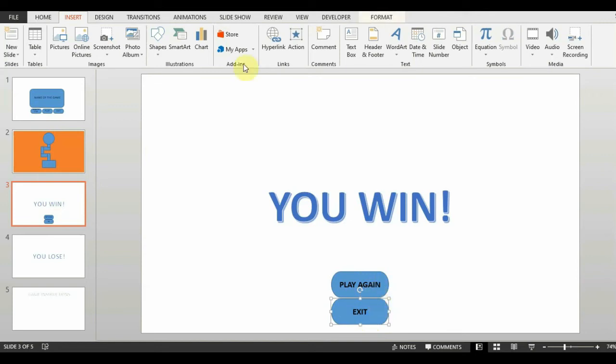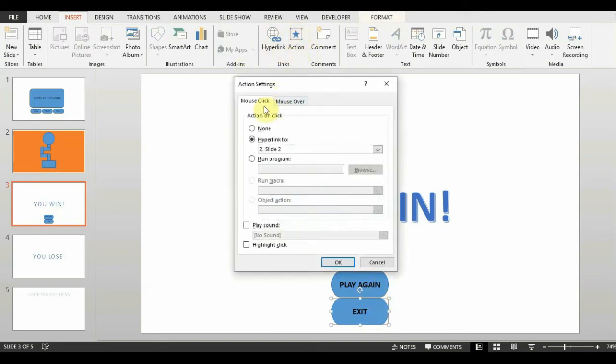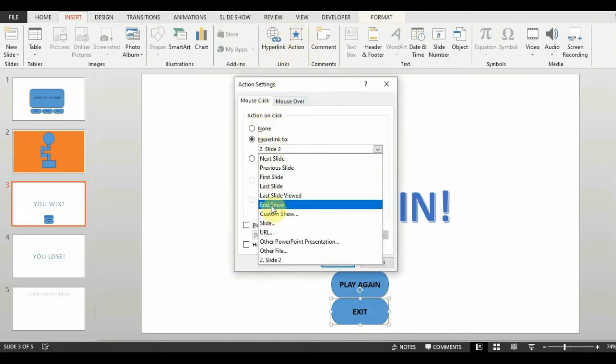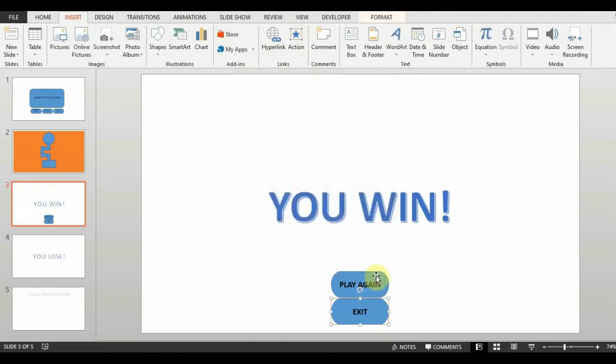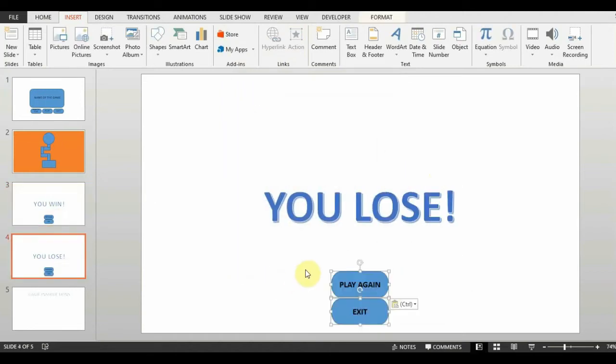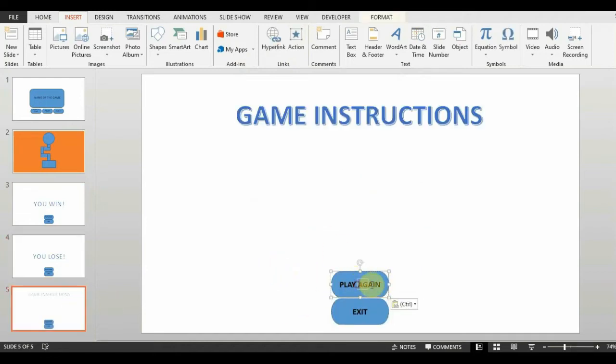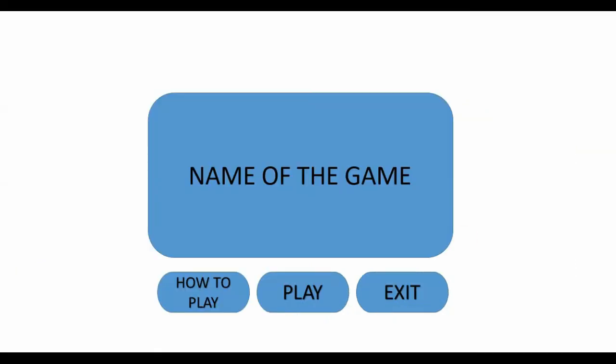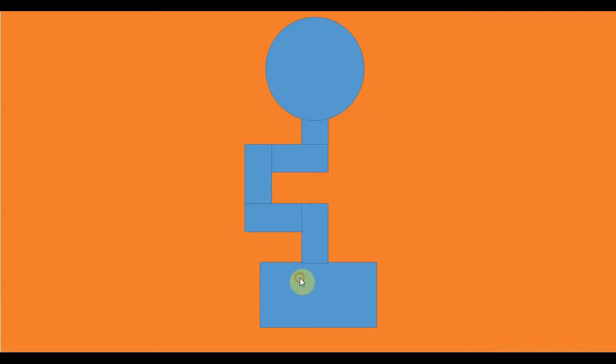For the exit button, choose End Show. When you're done doing this, go ahead and copy the two buttons to the rest of the slide. Now let's run our game again and see if it's working well.